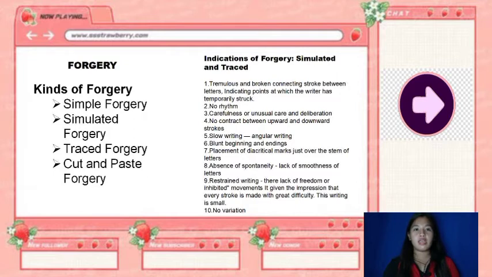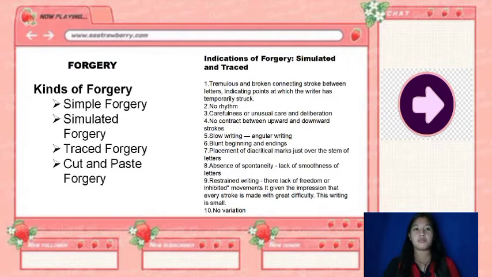Next is simulated forgery. It is a copy or imitation of the signature of a person, or the suspect merely signs the name in his own name and uses another signature, and possesses the document before the fraud is discovered.